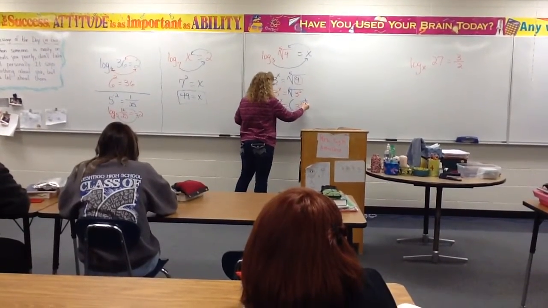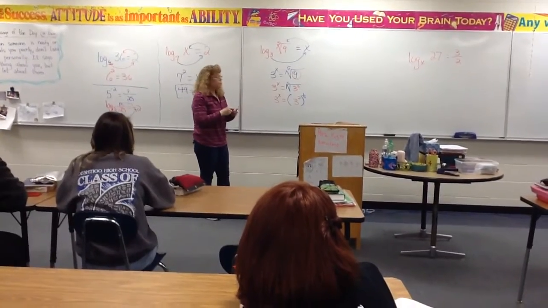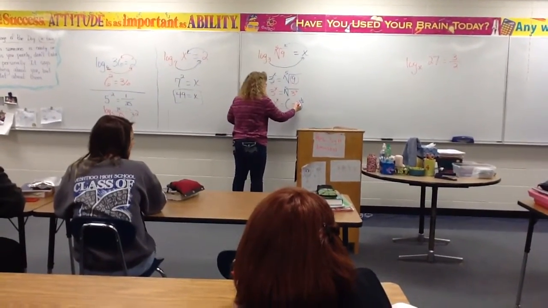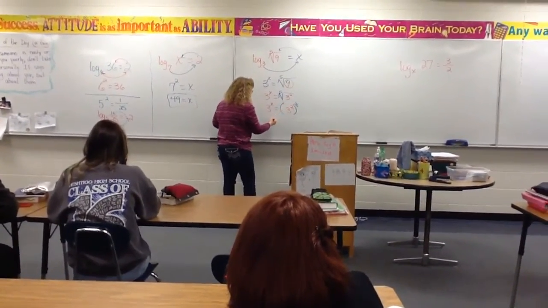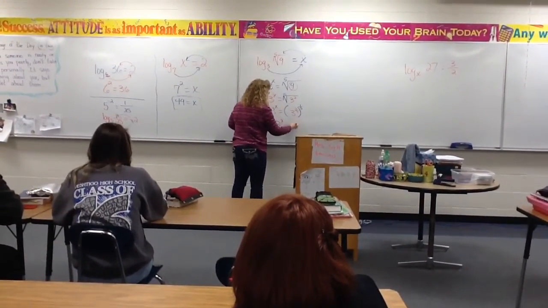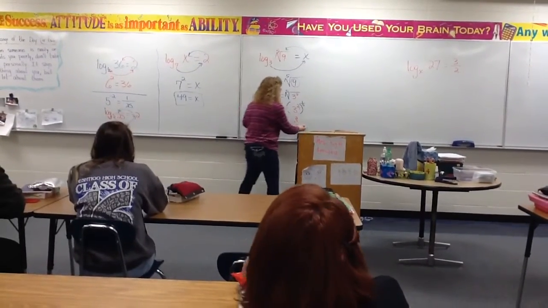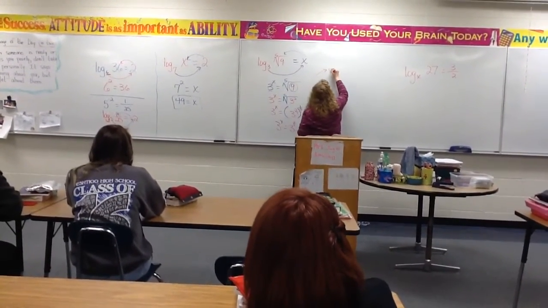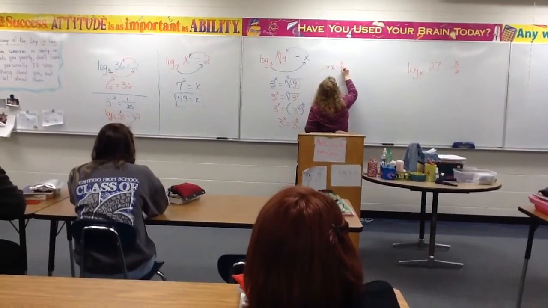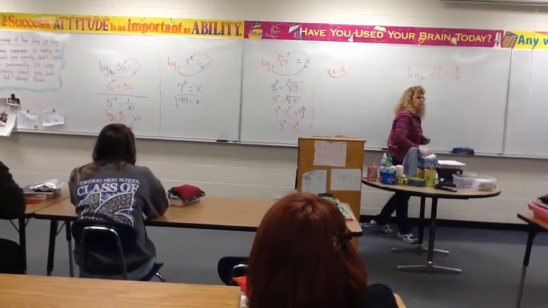To the 1/5 power. So instead of a 5th root, I'm going to write 1/5 power. And now, power to a power you multiply. So 3 to the x equals 3 to the 2/5. So what does x have to be equal to? x equals 2/5. You did that yesterday, not too bad, right?